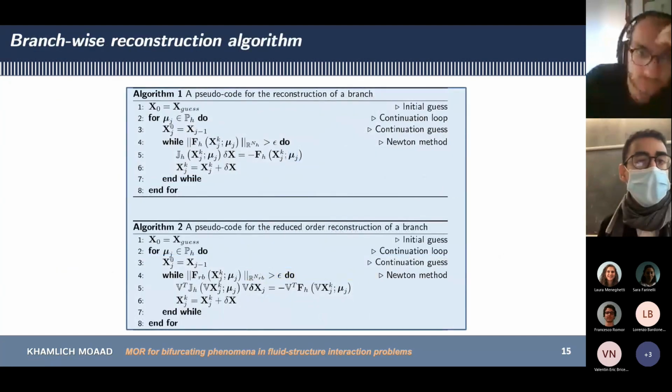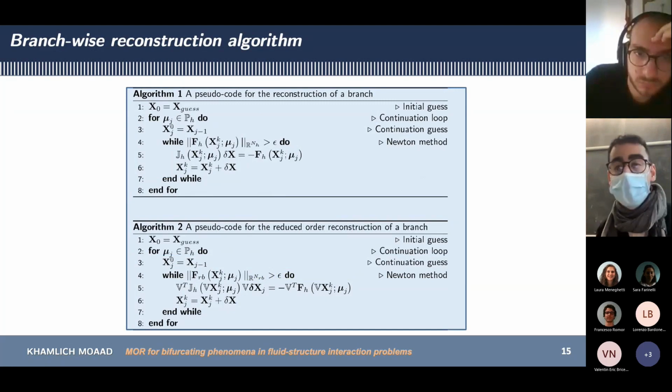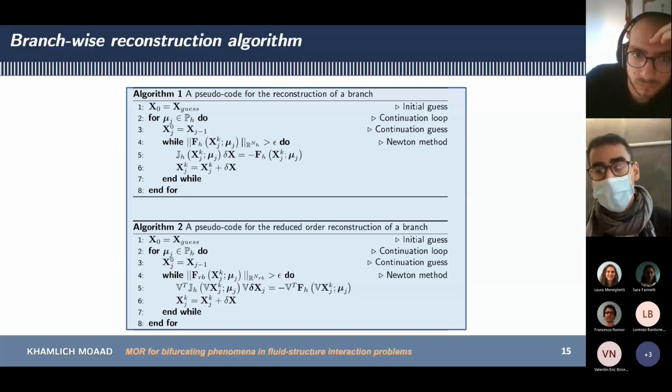So those are the two algorithms that we've used for the reconstruction of the bifurcation branches, both for the FOM model and for the ROM model. And as I anticipated, the nonlinearity of the system and the non-uniqueness of the solution make the convergence of the Newton method depend on the initial guess.